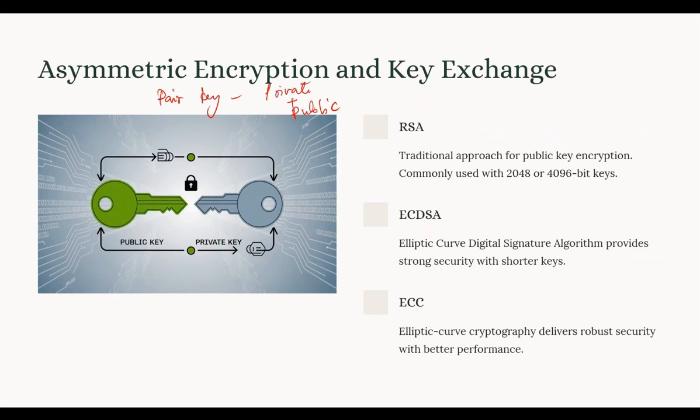A digital signature is created by encrypting with the private key and decrypting with the public key. So both symmetric and asymmetric keys can be used for different purposes. Different algorithms used in asymmetric are RSA, ECDSA, and ECC for Cisco specifically.